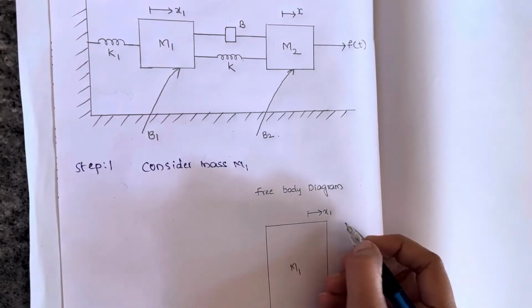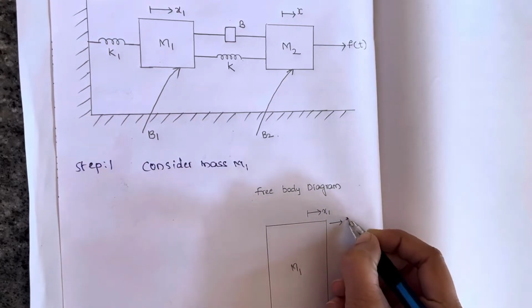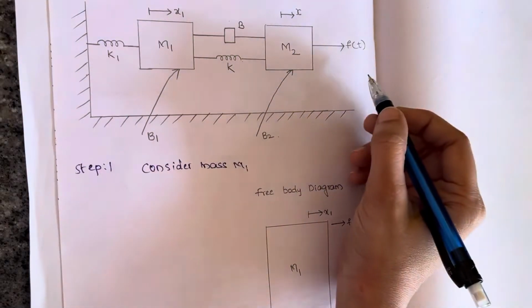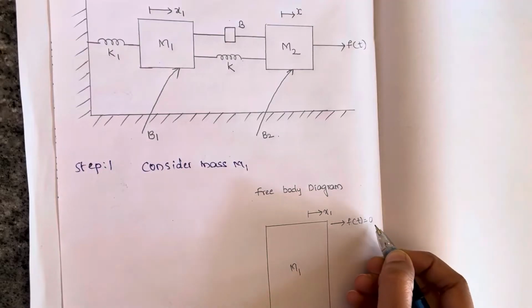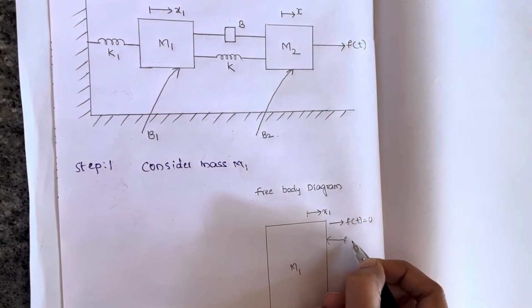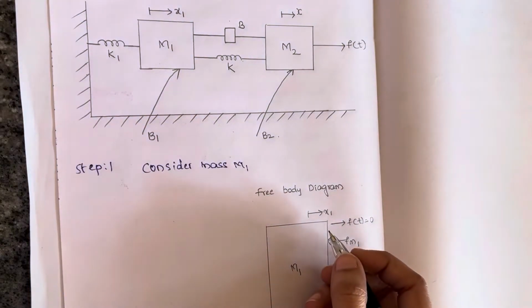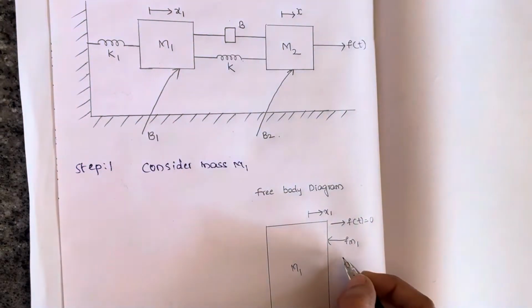What we have other things are f of t equals to 0, because we are having f of t on the mass m2. That is, here f of t equals to 0. And first we have to give fm1 for this mass itself, and we have k1 on mass 1.